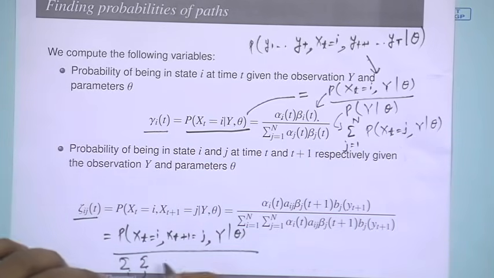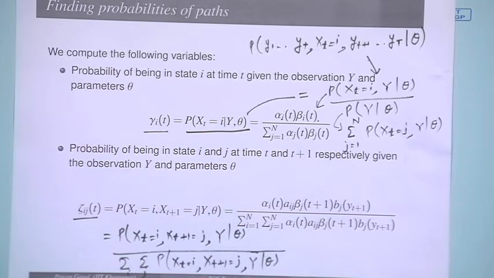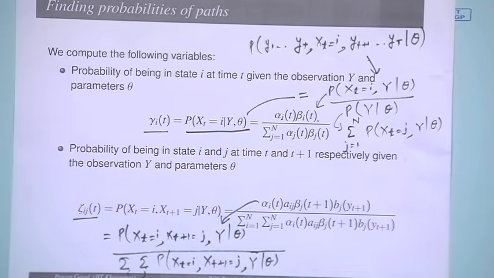That is, the probability of x_t equal to i, x_{t+1} equal to j, y given theta for all possible values of i and j. Now what we have to show is that this is actually this formula.